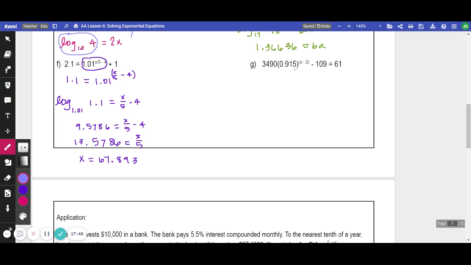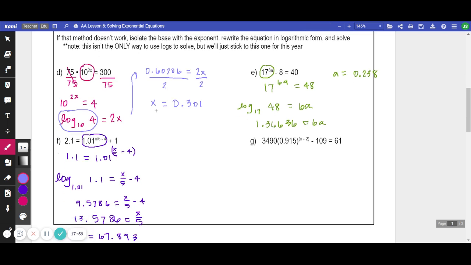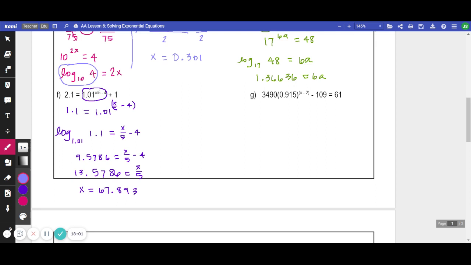Okay. So the last one of these, when we say isolate the part with the exponent, notice up here, the 75 was not part of it. 75 was being multiplied in front. 75 wasn't in parentheses with an exponent. So when we look at this one, the part with the exponent is just the 0.915, not the 3,490.